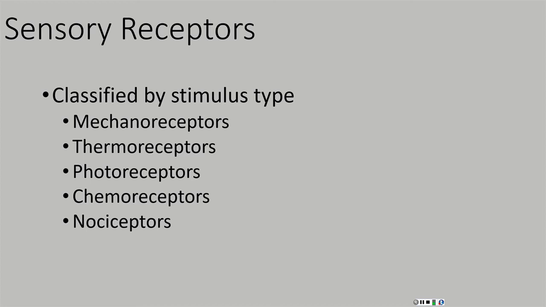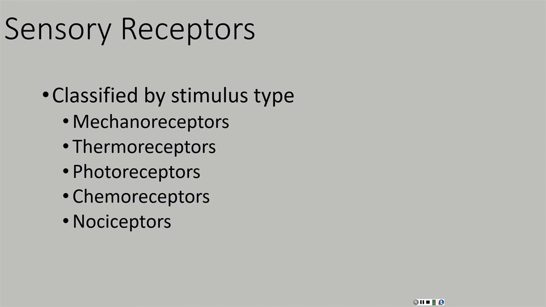Next, we have chemoreceptors. Chemoreceptors respond to various types of chemicals, and there are different types of chemoreceptors found throughout our body. But for example, both our sense of smell and our sense of taste are chemoreceptors. When we smell something, what we're actually doing is bringing air in from the environment, and there are chemicals in that air that will attach to and stimulate nerve endings deep inside our nose.